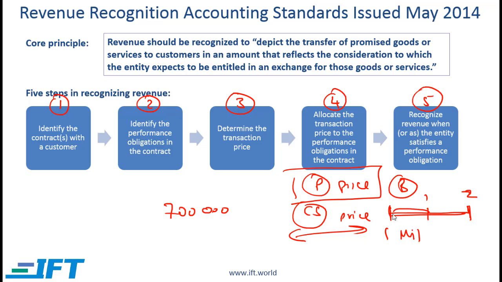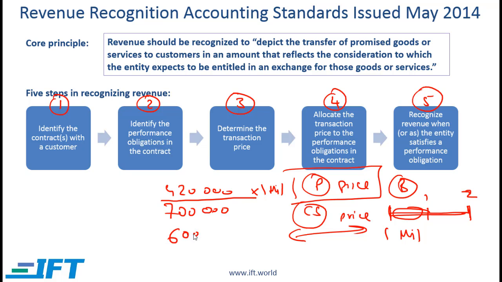If during the first year the cost incurred is 420,000 and the cost incurred is a reasonable indication of the percentage of completion, then the amount of revenue that can be recognized over the first year is 420,000 divided by 700,000 times 1 million.